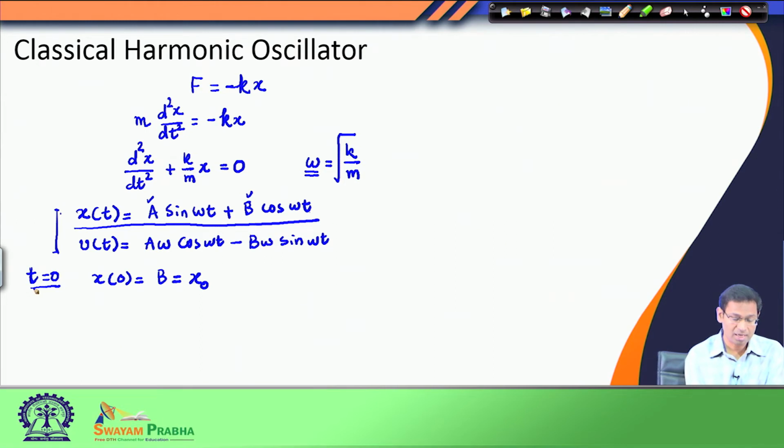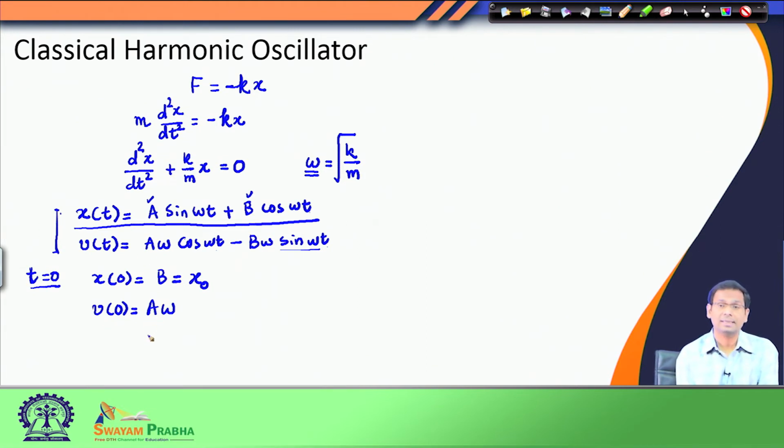Now, I would apply the same t equals 0 situation for the speed. So, the speed v at 0, if I put t equals 0 here, I get cosine 0, which is 1. So, I have a omega, and when I put 0 in the other place, the sine function gives 0. So, I am left with v of 0 is a omega.